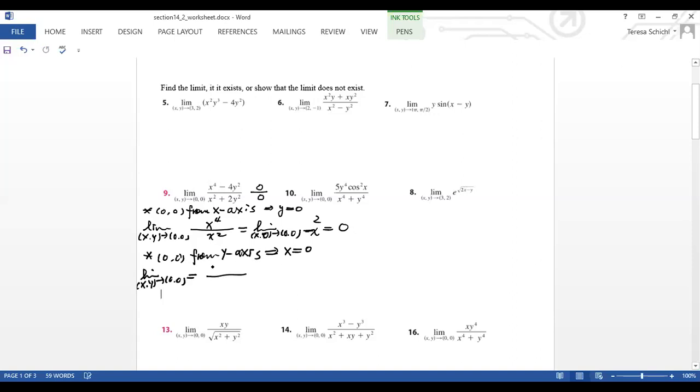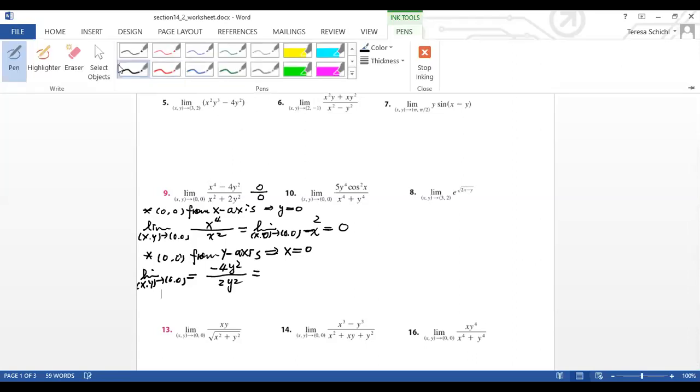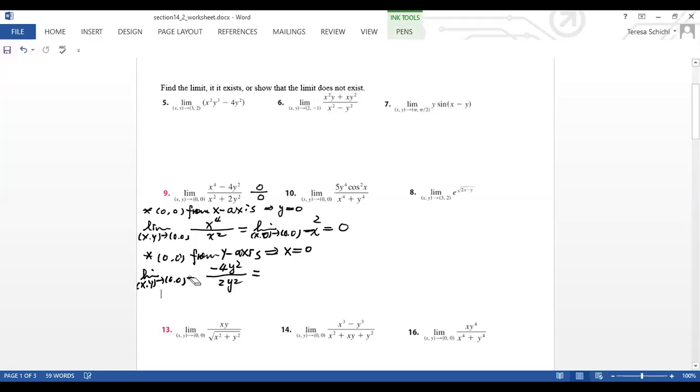So I have negative 4y^2, and the bottom here is 2y^2. Then I cancel these. This is a bad notation here, I should not have the equal signs.